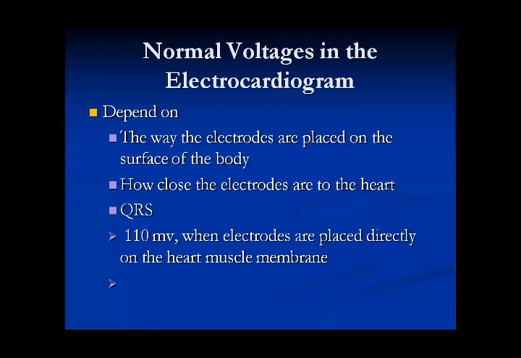If the electrodes are placed directly on the heart muscle membrane, which we do not do as a practice, we place the electrodes on the surface, on the skin, right? So if we place these electrodes directly on the heart muscle membrane, the QRS complex would give us a magnitude of 110 millivolts.